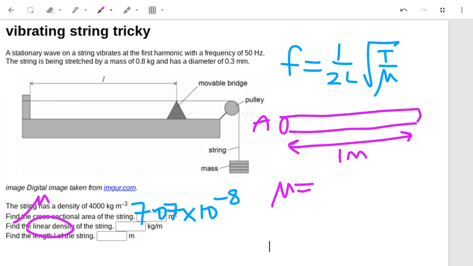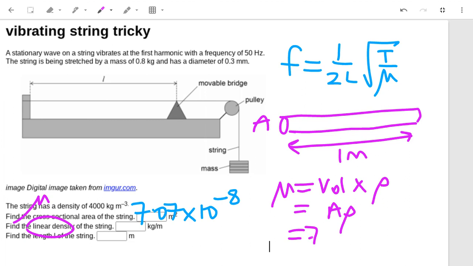That's going to be the volume times its density. The volume is cross-sectional area times the length, which is just A. So as it turns out, the linear density is the cross-sectional area times the density.